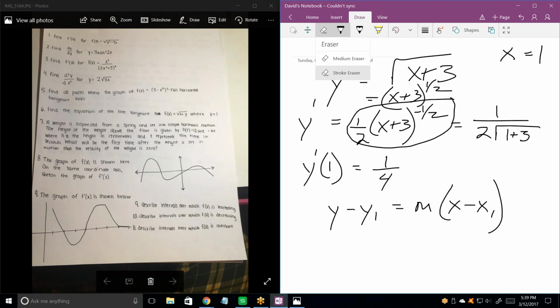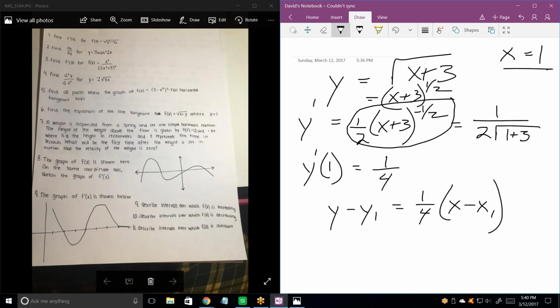Well, I know my m is 1/4. Now I need a point. Well, I know my x point. What's my y point? So you have to plug it into the original function.